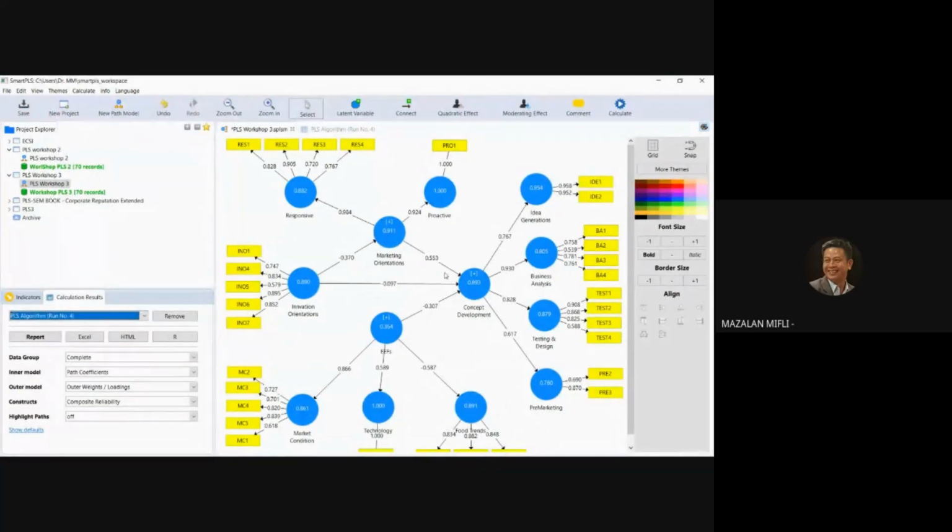So I'm going to save this so that I don't have to redraw it again. I'm just going to save all changes. Okay, I'm going to retain this as it is. We assume that this is the one that we need to retain, and we are moving forward to run the structural models.